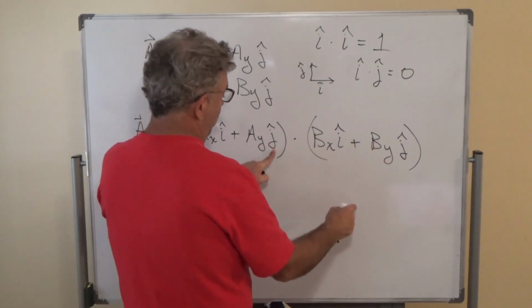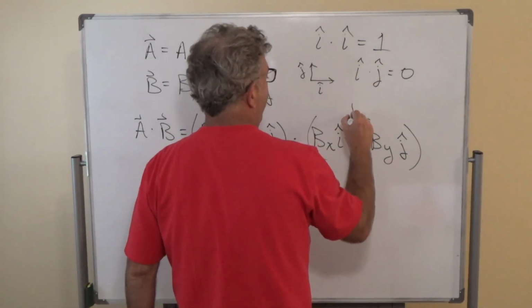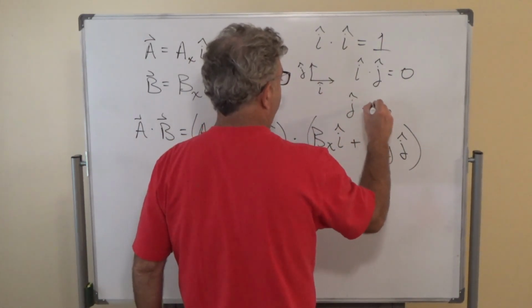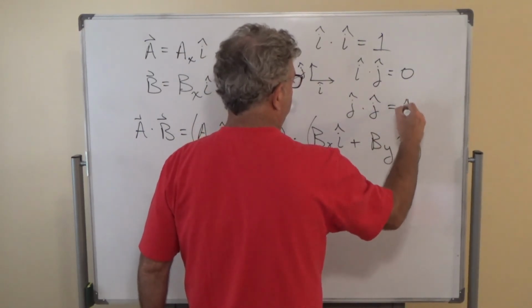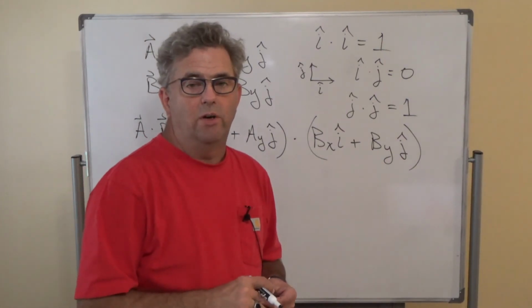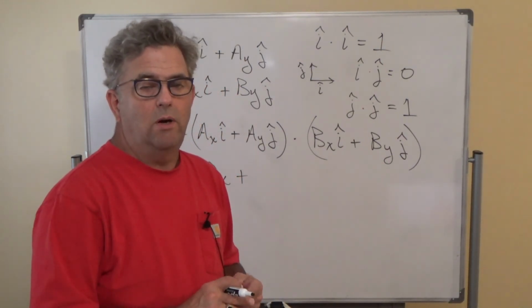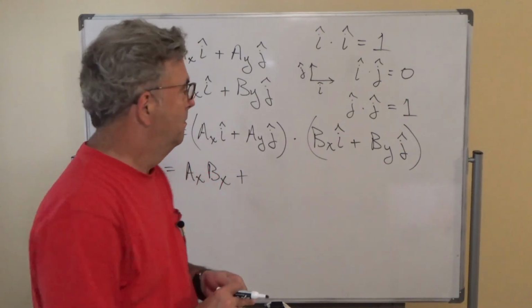Now for the last term. AY BY j hat dot j hat. Well, that's just like i hat dot i hat. j hat dot j hat is equal to 1. Same vector, they both have unit length. The angle between them is 0. Cosine 0 is 1.